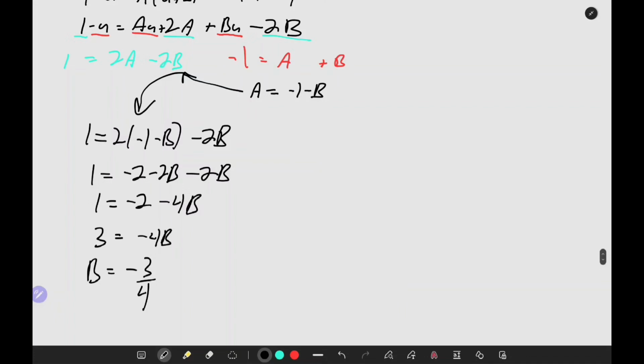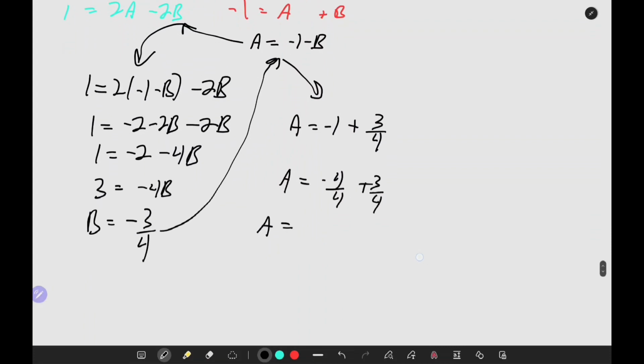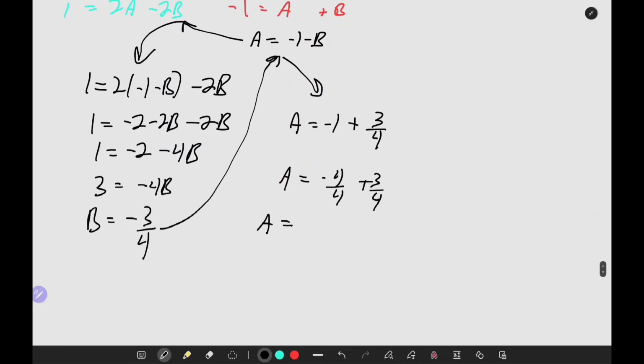Right? And now that we know this, I'm going to plug this back into here, and we get a is equal to negative 1 plus 3/4. So this would be negative 4 over 4 plus 3/4. So then a is equal to negative 1/4.